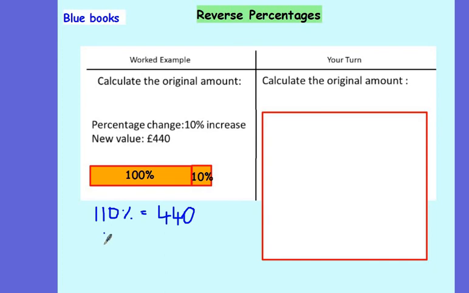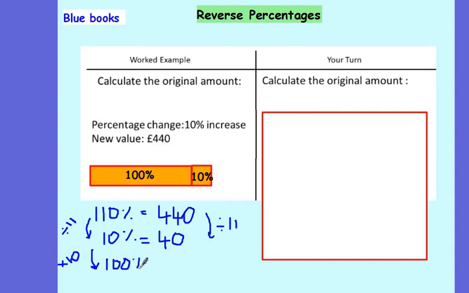I'm going to use this to work out what 10% would be by dividing by 11. So 10% is 40. I can then use this to work out what 100% would be by multiplying by 10, which tells me my original value must have been 400.